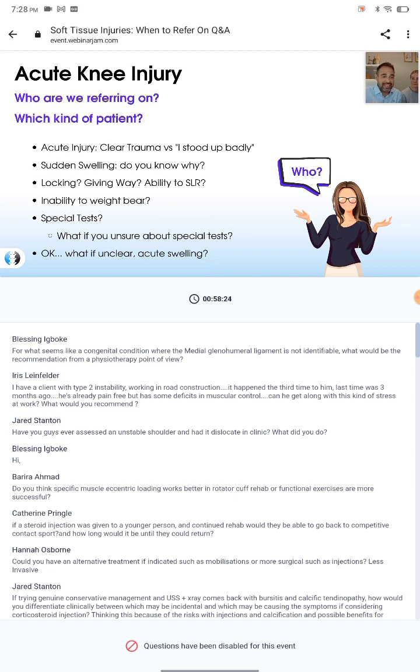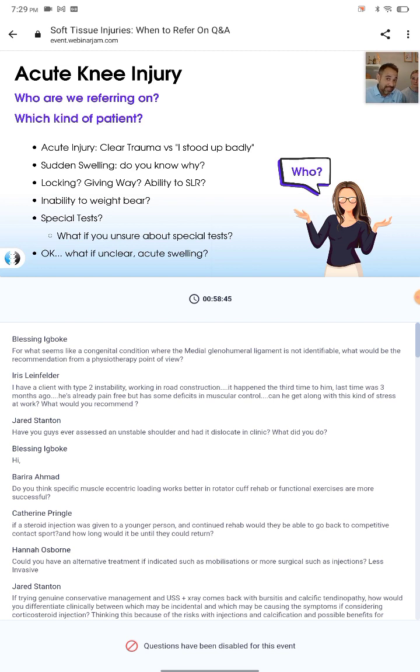So locking and giving way. We talk about these a lot of the times in terms of special questions for the knee. So when we talk about locking, we talk about mainly the inability to extend the knee at end of range. And classically, this is thought to be an issue that comes about when someone has a true meniscal tear.